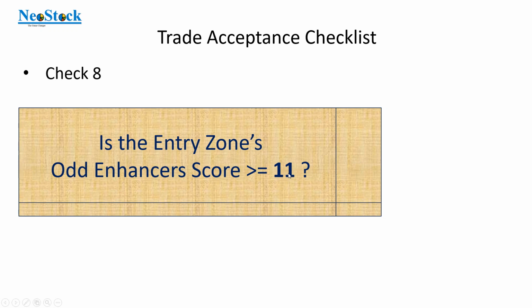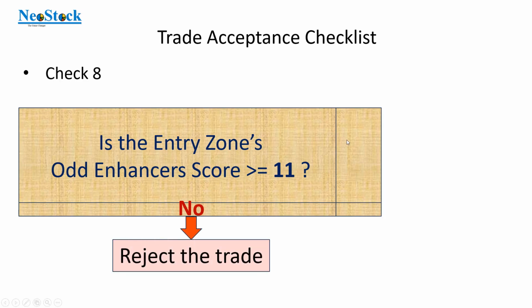Instead of 12, 11 we are verifying. So this is the second difference. So is the entry zone odd enhancer score greater than or equals to 11? If it is no, reject the trade. If it is yes, then can we accept the trade or next checklist item?